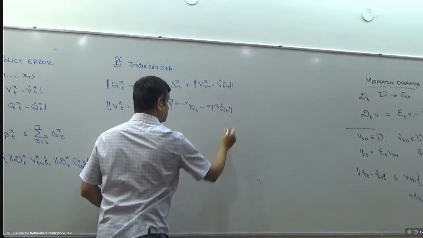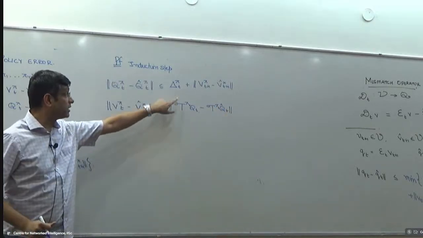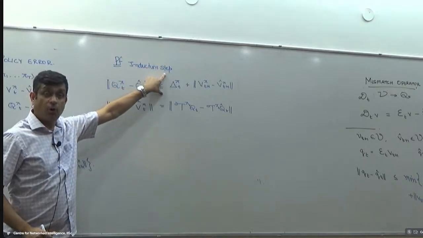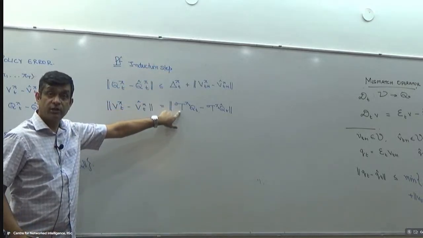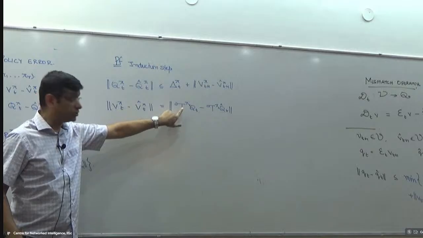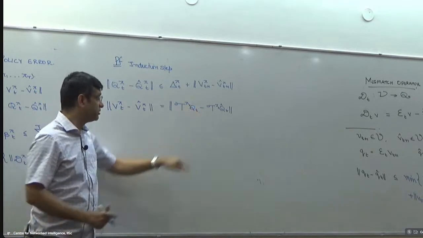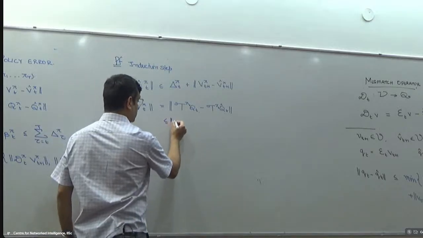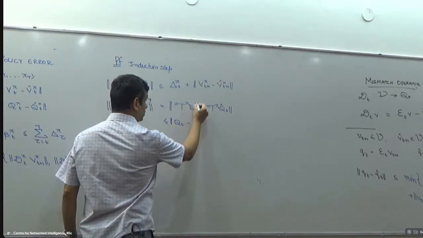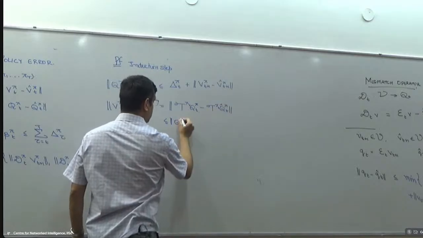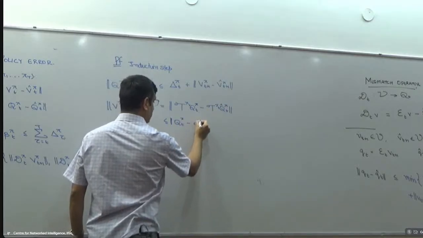And this is where the step becomes important, that I separated out what depends on the model from just the optimization. This guy does not depend on the model. So it is the same operator for both cases, and we had shown that that operator was non-expansive. Therefore, this is less than or equal to, these should have been q pi t's, q pi t minus q hat pi t.